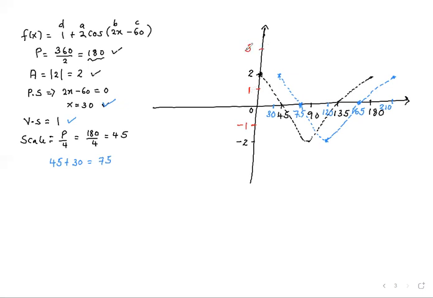Then we move the blue one up. So this point is moved to this one. This one is moved to 1, and this one is moved to 1 as well. This one is moved to 3. The down one is moved to -1. And now we have a complete graph.